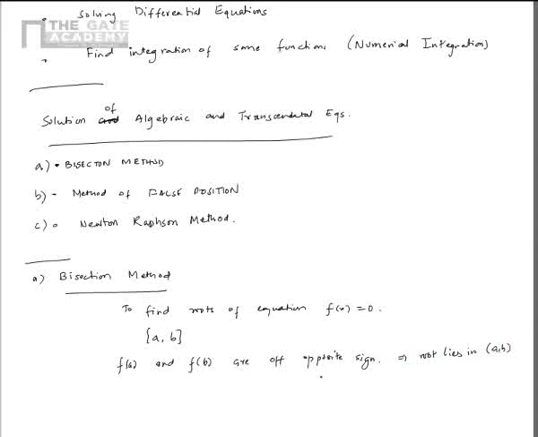This is because if f(a) and f(b) are of opposite sign, then somewhere between a and b, f(x) will be 0, and that is nothing but the root. Therefore the root belongs to (a, b). What this method does is bisect the interval, dividing it into half, and take a value, say x1, the midpoint between a and b.